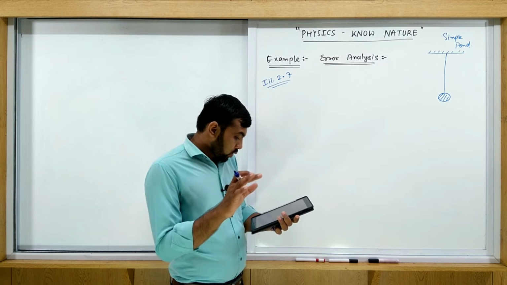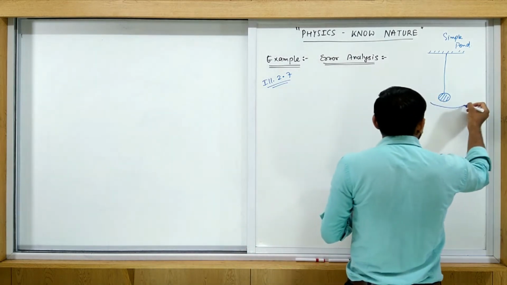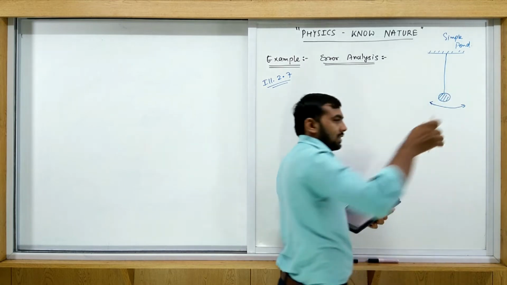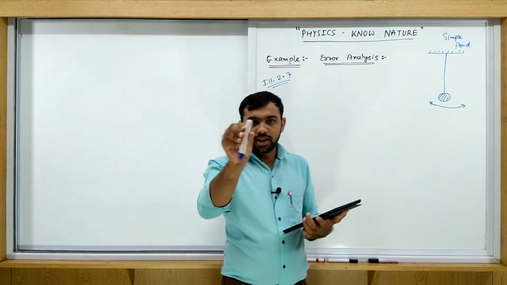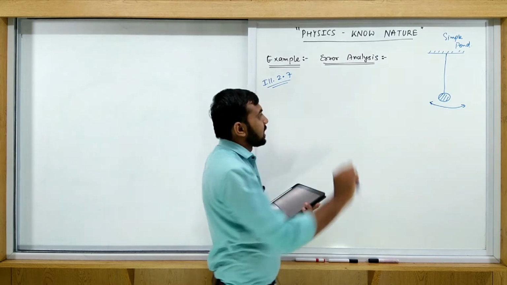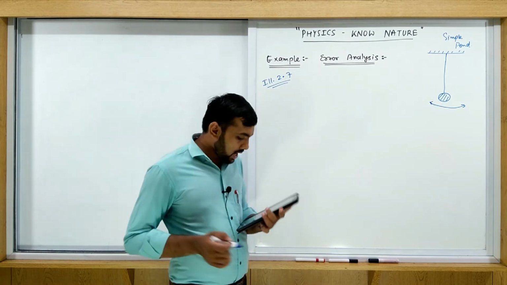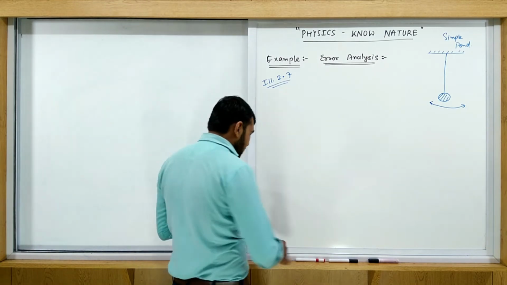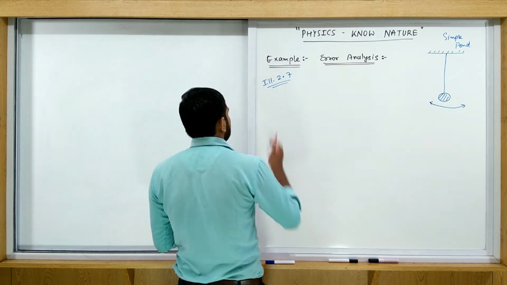So we measure the time period of oscillation. This simple pendulum oscillates like this. When it oscillates, we measure the time period, and the measurements are given as follows.